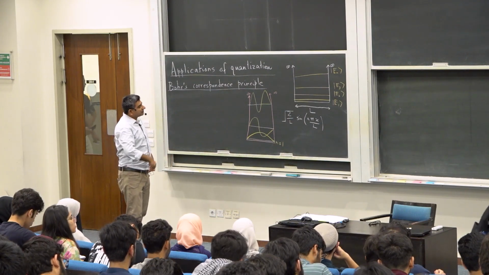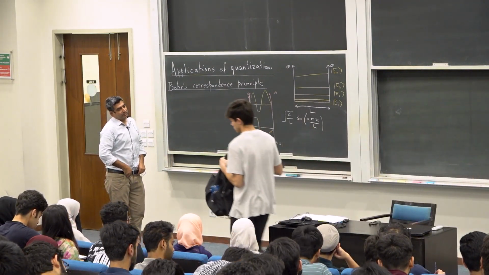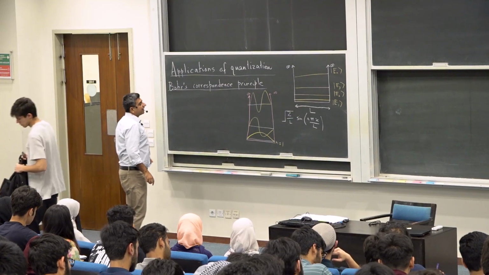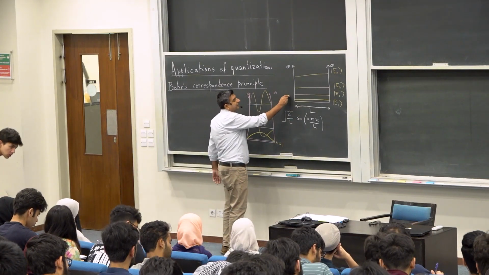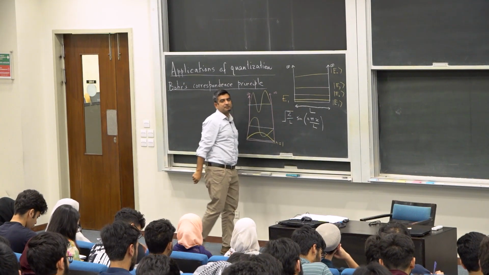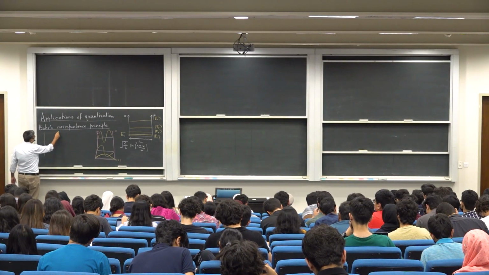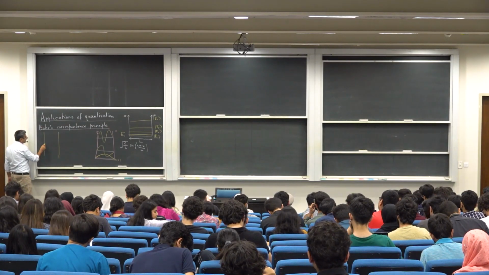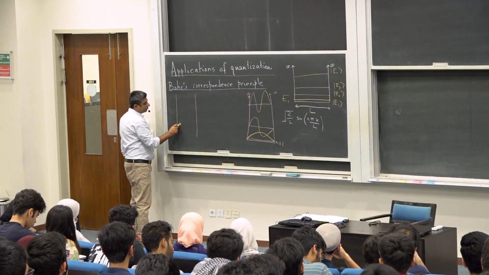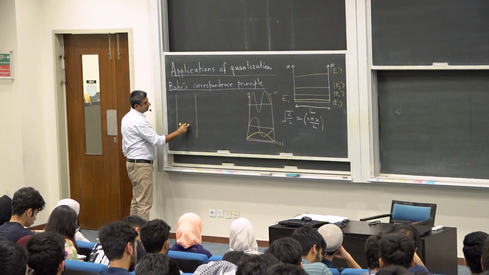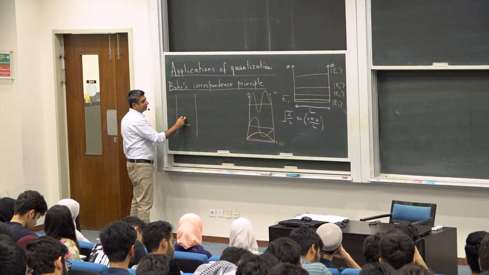Now, what's the difference between the quantum and the classical world? Suppose my particle is in the energy E1. Just imagine a particle which is inside a box and it has energy E1 and it's moving around in this infinite well with, say, some constant speed v.